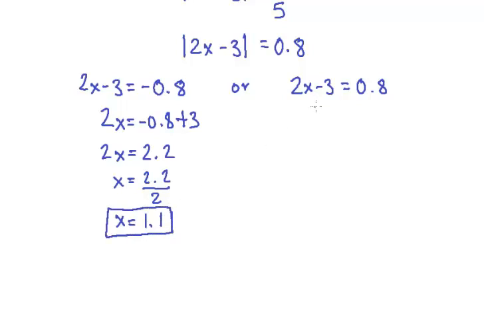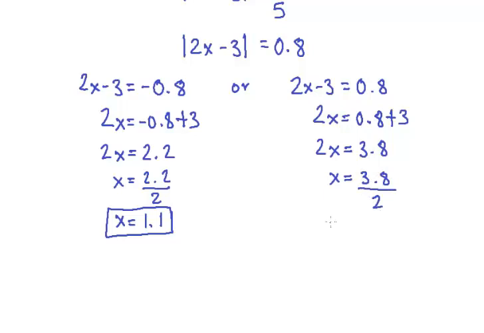Now let's solve the other possibility. 2x equals 0.8 plus 3. 2x equals 3.8. If we pass to divide the 2, it will be x equals 3.8 divided by 2. The answer will be x equals 1.9. So these two will be the answers of the exercise.